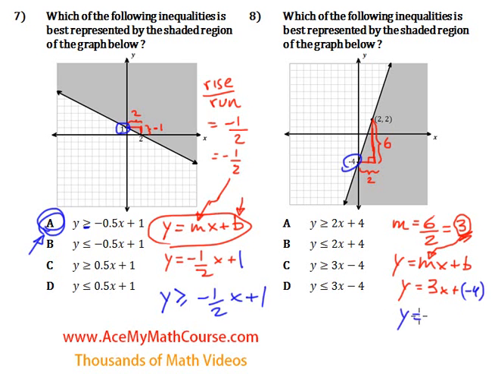So y equals 3x minus 4 is the equation of this line. And we have the area below the line shaded. So we can say y is less than or equal to 3x minus 4. So the answer is D. That's it.